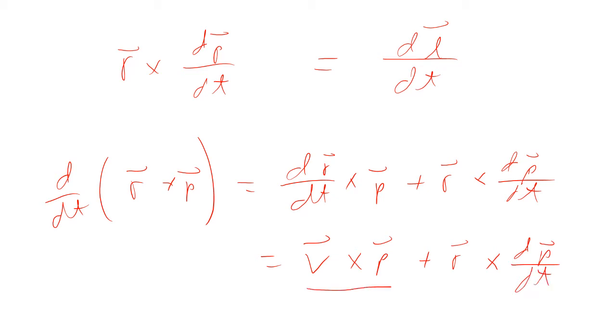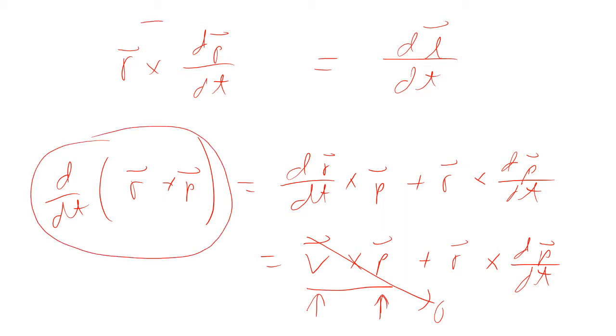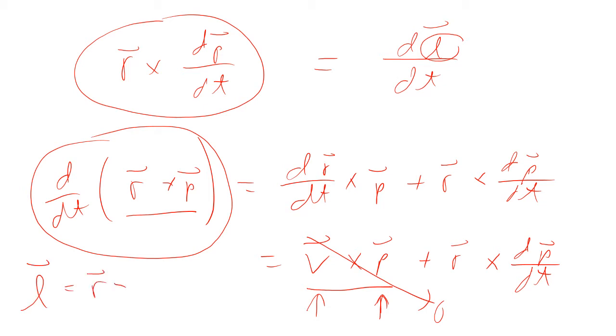Now, what is V cross P? Well, momentum is in the direction of the velocity, so anything crossed with anything in the same direction is zero. So that means these two things are really the same thing. So this is L. So L is R cross P.